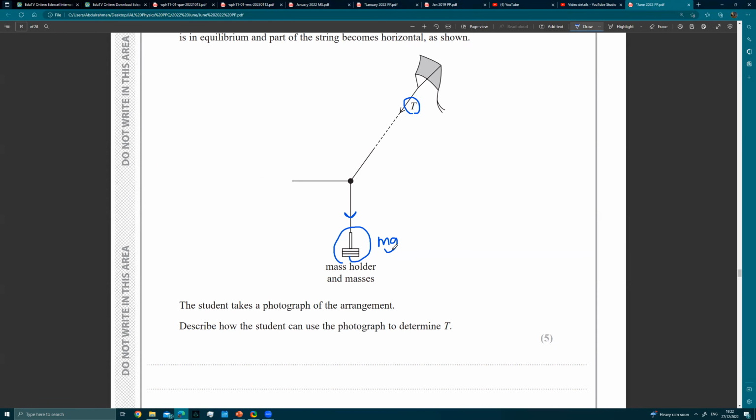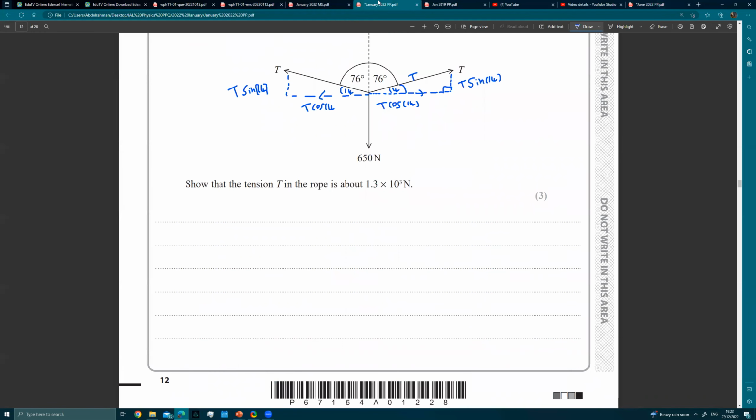It's just the mass times 9.81. So what I can say is, because it's in equilibrium, the vertical forces balance out. So this is theta. So this is going to be T sine theta. So what I can say is T sine theta is equal to mg. This sort of question, if it comes up and you're able to notice the skill set, honestly, it's 3 marks, like easy peasy marks. So let's do that.